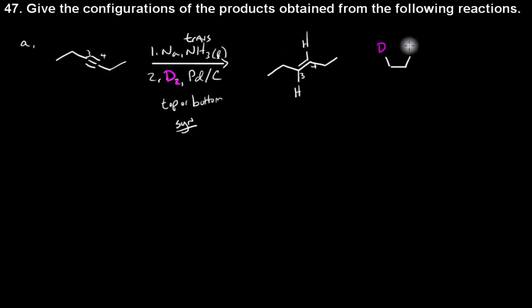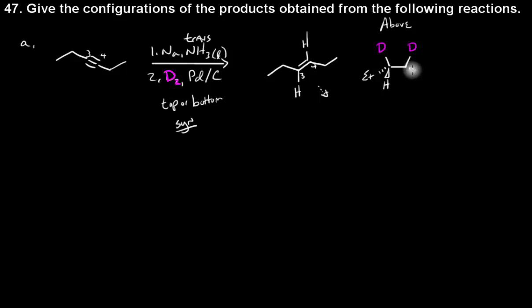So there's one D, there's a second D, and we're saying D2 adds from above. In this case, let's say we're looking at it from above, and our point of view is coming from this direction. So there's a little eyeball, and there's our point of view. That means our ethyl goes into the back. So there's our ethyl, and we have our H coming into the front. Same thing on the other end.